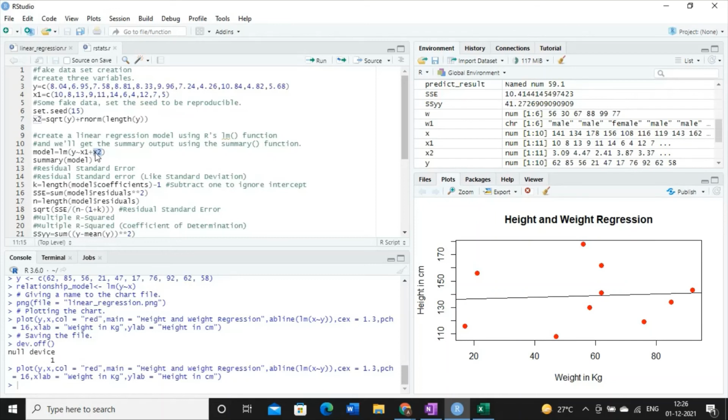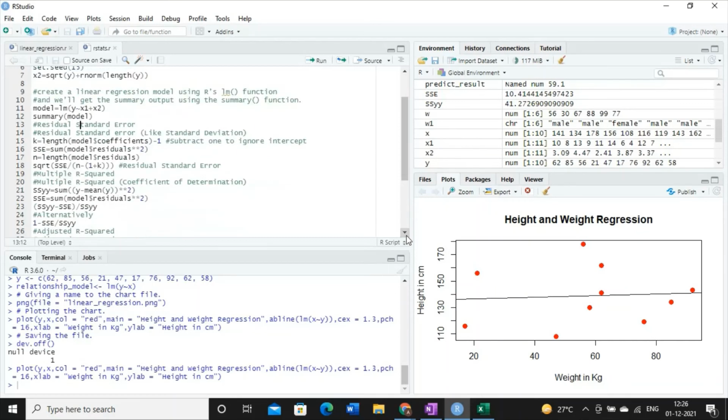Now, after applying the lm function, only then can we apply the summary function. After the summary function, we encounter terms like residual error and residual standard error. What is the formula of residual error? I have already written it, so residual error will be calculated by this formula.